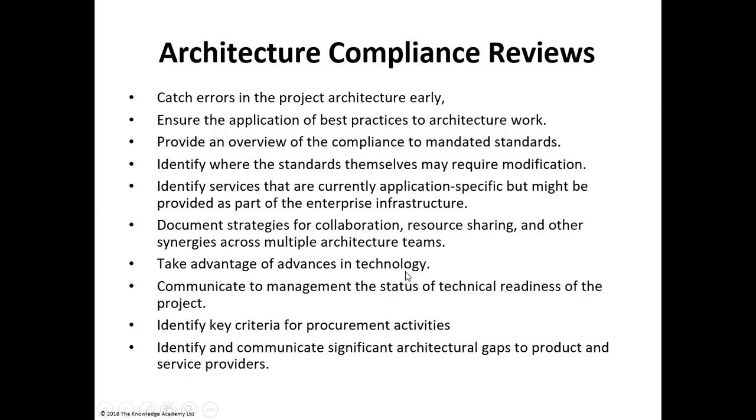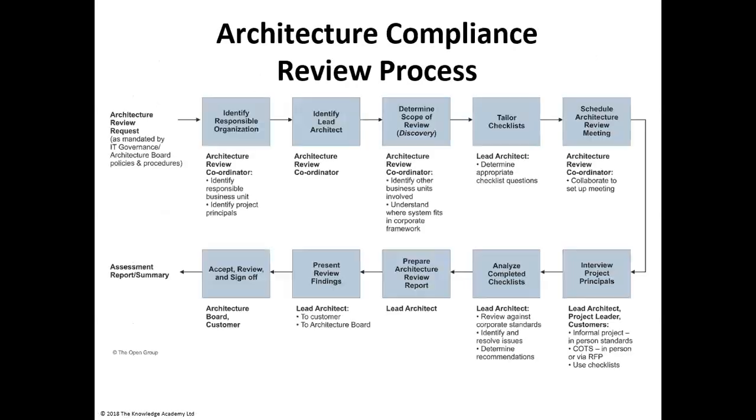Now, the compliance review process in TOGAF has 12 steps, starting from 1 to 12. A few things you have to keep in mind. For example, who identifies the responsible organization? The review coordinator.